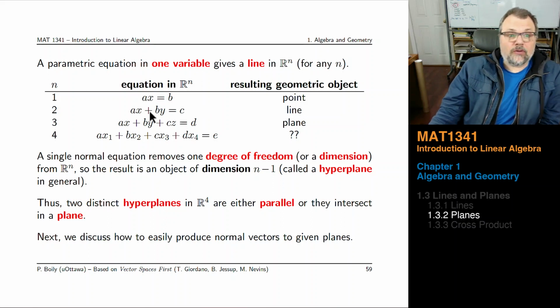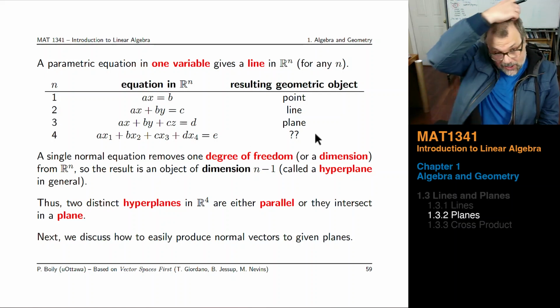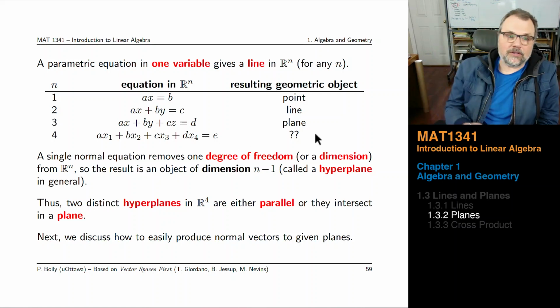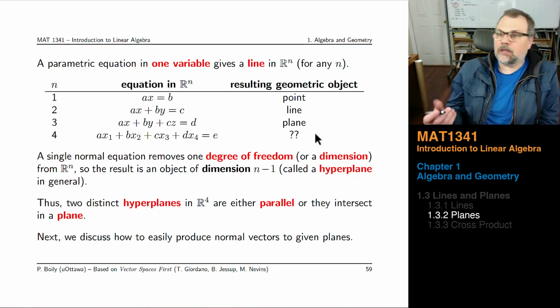An equation of the form ax plus by equals c in two space gives us a line. An equation of the form ax plus by plus cz equals d in three space gives us a plane. And an equation of the form ax1 plus bx2 plus cx3 plus dx4 equal to e in four space gives us I don't know what. I don't actually have a way to envision this.